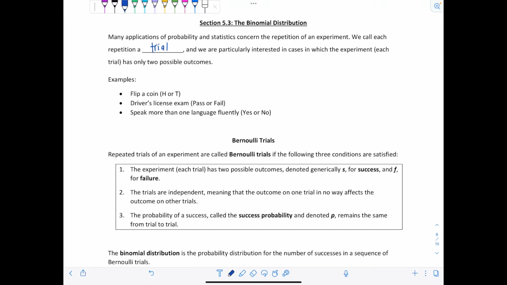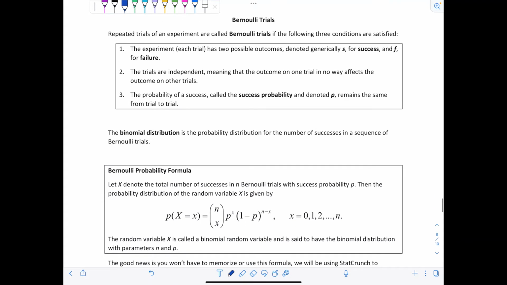When we repeat trials of an experiment like this, they're called Bernoulli trials, as long as the three conditions listed below are satisfied. So the first condition is that the experiment or each trial has only two possible outcomes, and usually we denote S for success and F for failure.